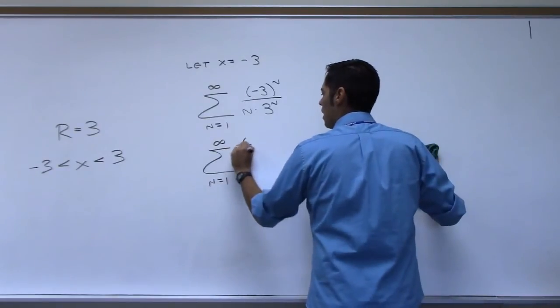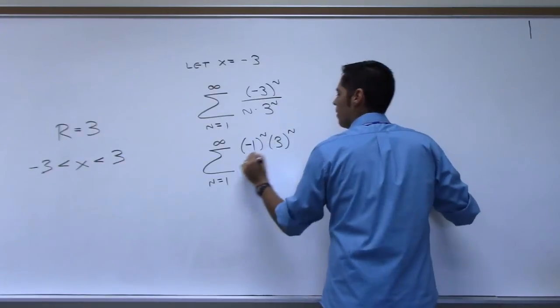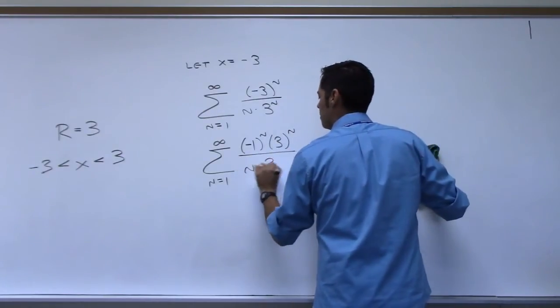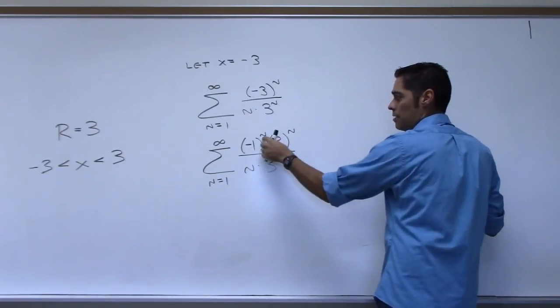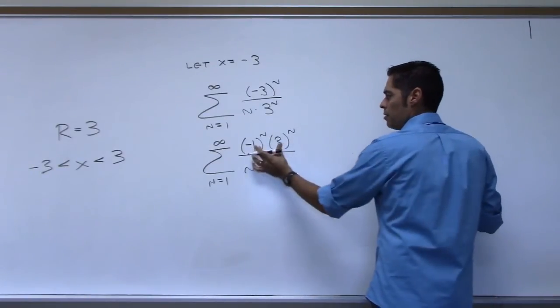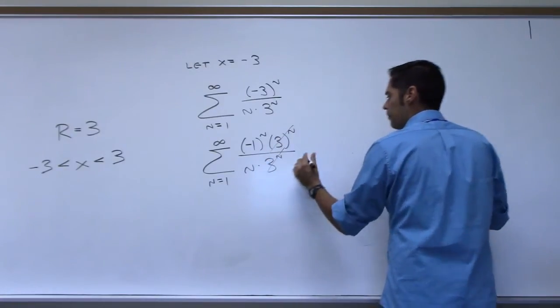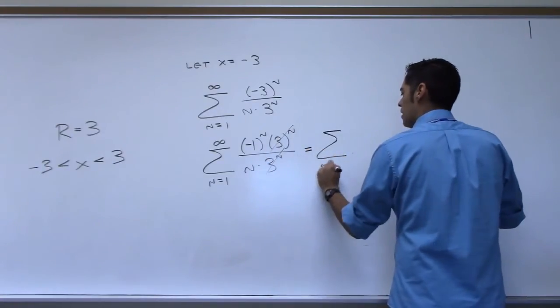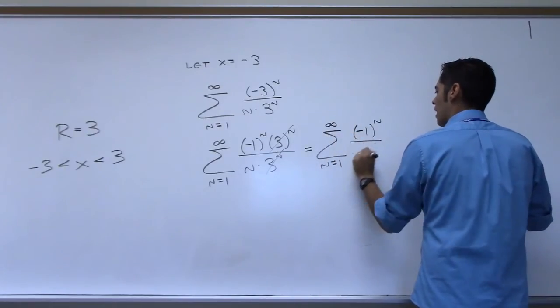So on the top I'm going to write -1 to the n times 3 to the n over n times 3 to the n. So I peeled the negative off the 3 like that, which I'm allowed to do as long as I raise it to the n power. Those two would go back together to become this. And now 3 to the n over 3 to the n cancel, and you're left with sum n equals 1 to infinity of -1 to the n over n.